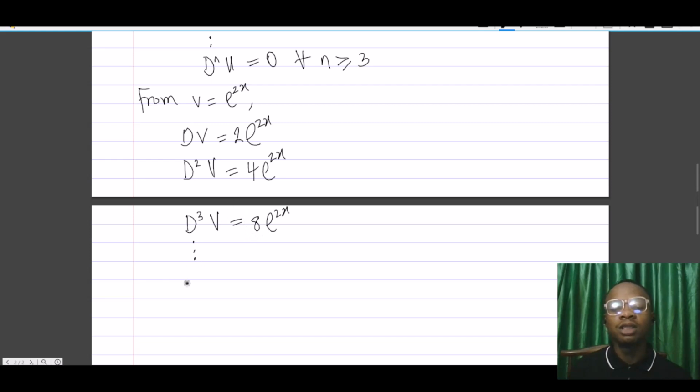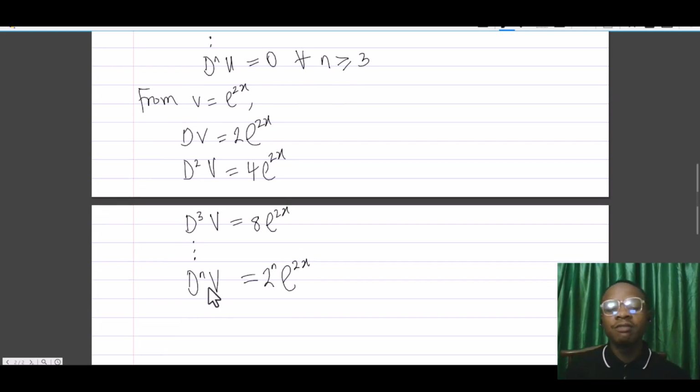So basically, this tells us that the nth derivative of v can be seen as follows: the coefficient here is 2 to the power of 1, here it is 2 to the power of 2, this is 2 to the power of 3. So we expect that this will generally be 2 to the power of n multiplying e to the power of 2x. So that is all that we need for now.